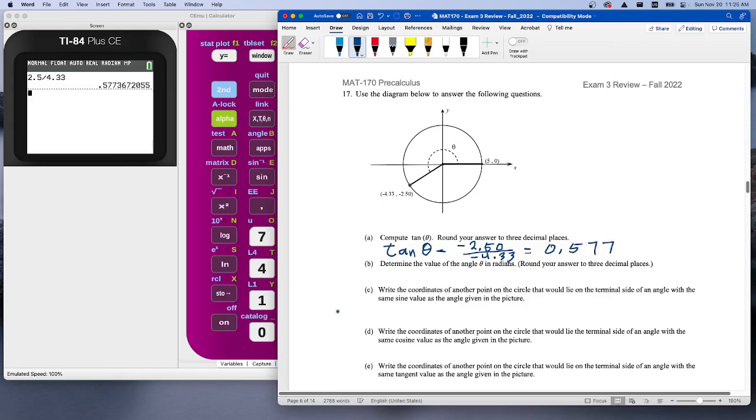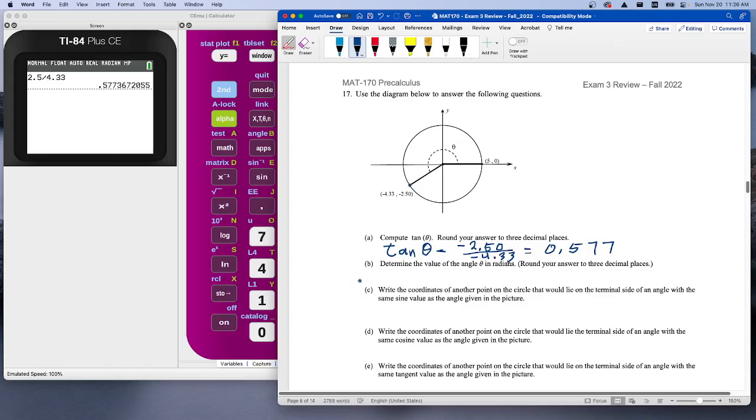Okay. Now we're asked to determine the value of the angle theta in radians. So since we now know the tangent, we could use the tangent of theta. We could also use cosine or sine and do an inverse.